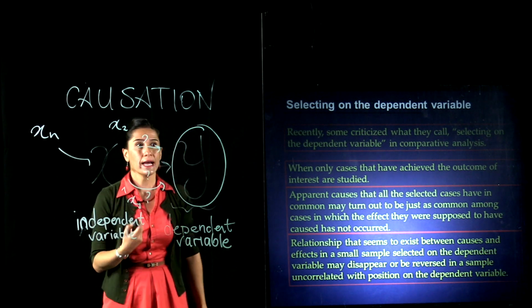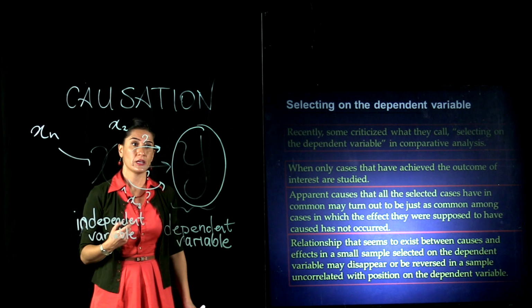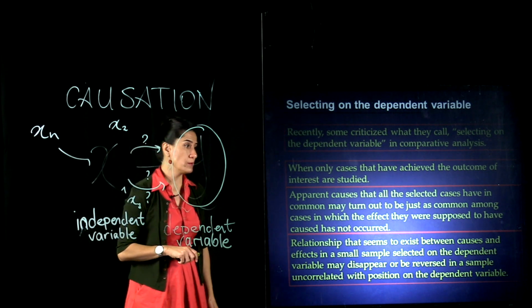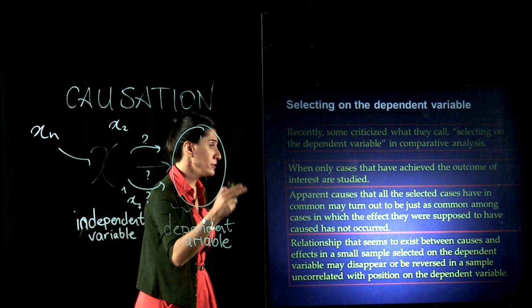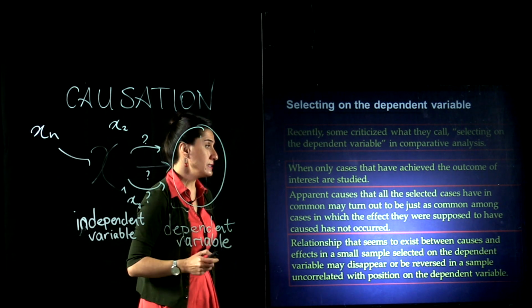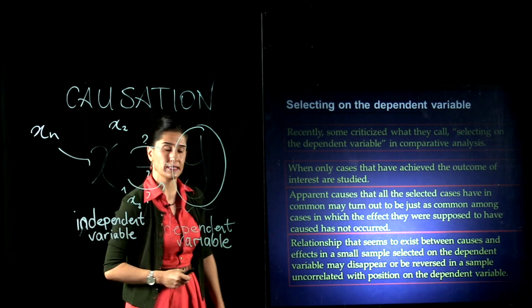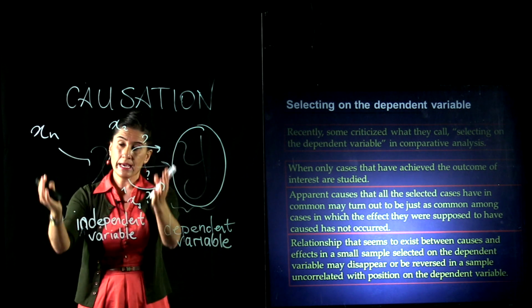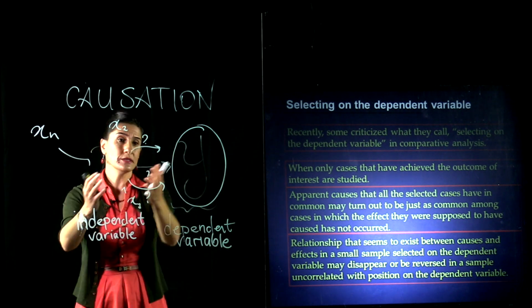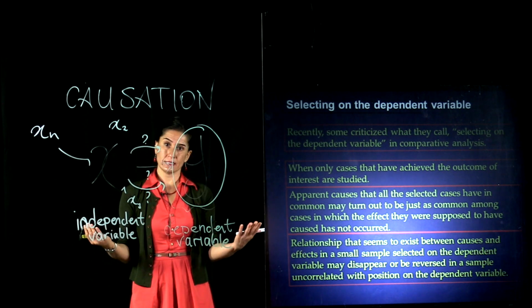There were some critiques of selecting on the dependent variable. They argued that when only cases that have achieved the outcome of interest are studied, the apparent causes may not be the real causes.